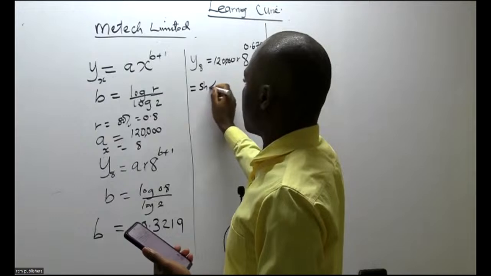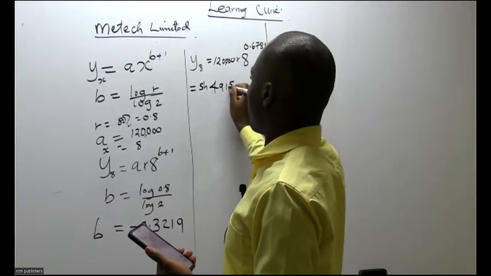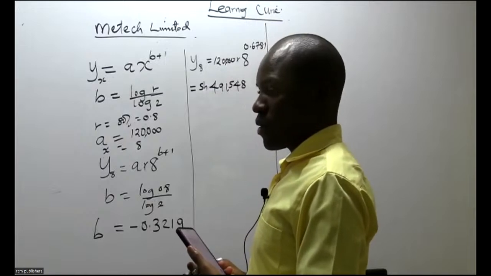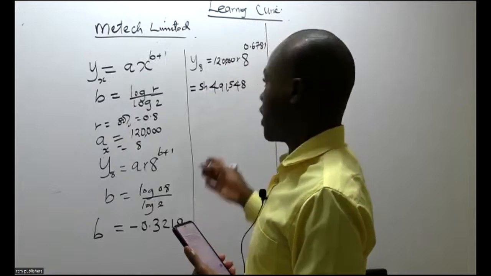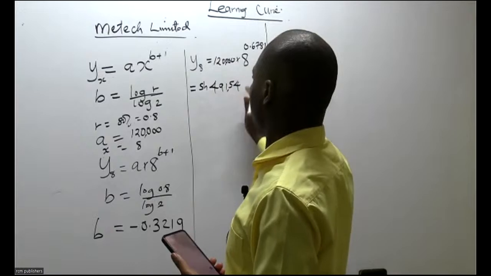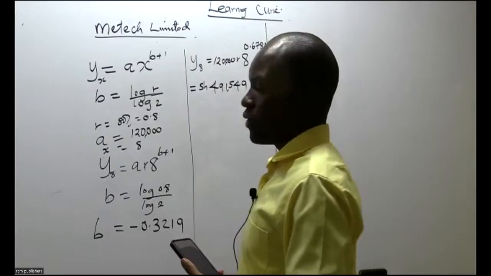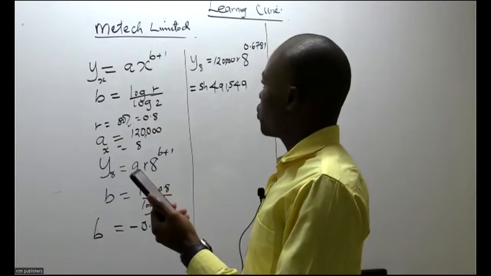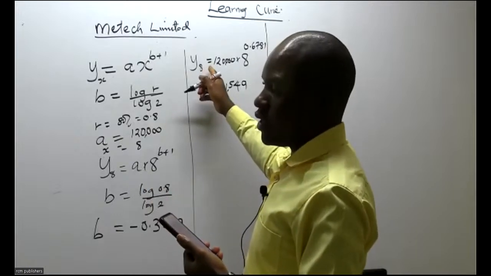Okay, I'm told it is 491,548. How about the rest? Are you getting the same? 548, 549 if you round off. 549. So that is the total labor cost of producing the first 8 batches.